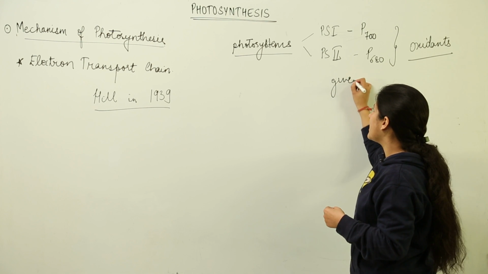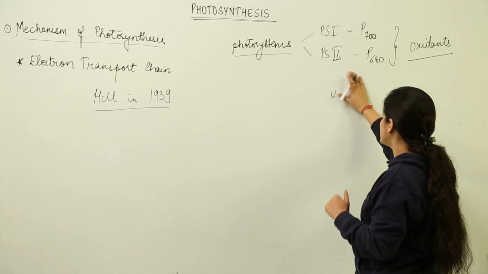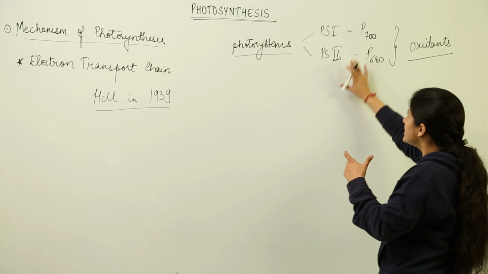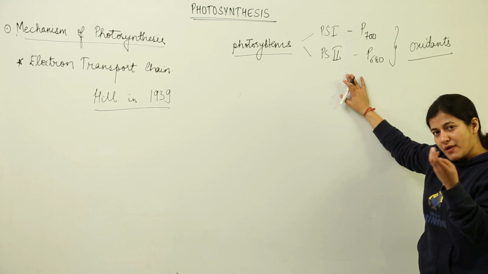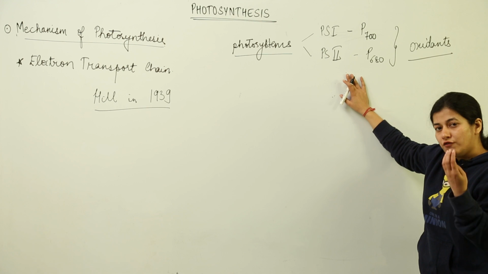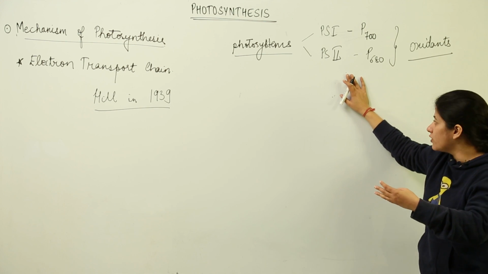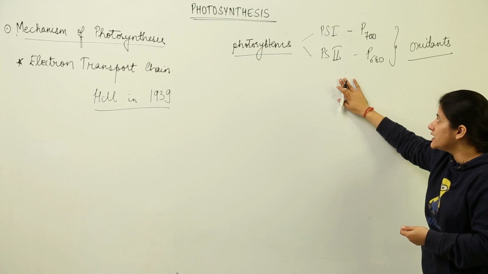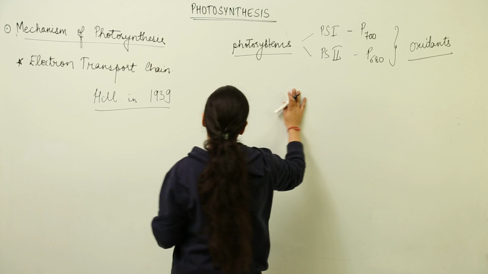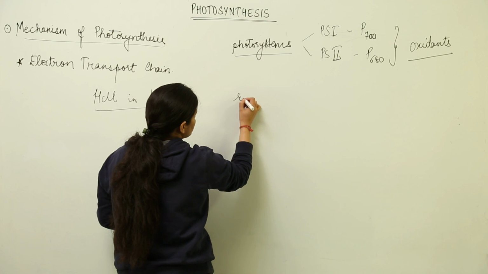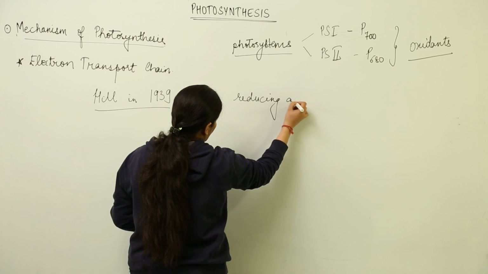Now from here would be the site where the electron transport chain's study begins. These photosystems just got rid of their electron by taking up energy from the sunlight. Their electron got beyond its orbital and got excited, and that electron would move on to a particular reducing agent.